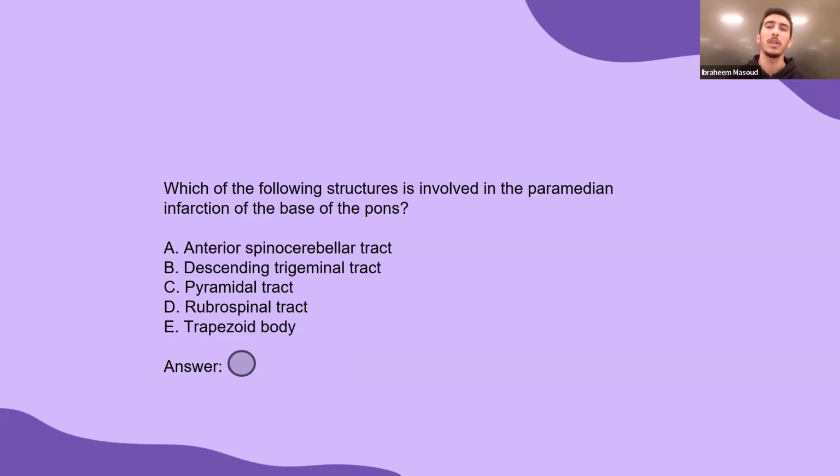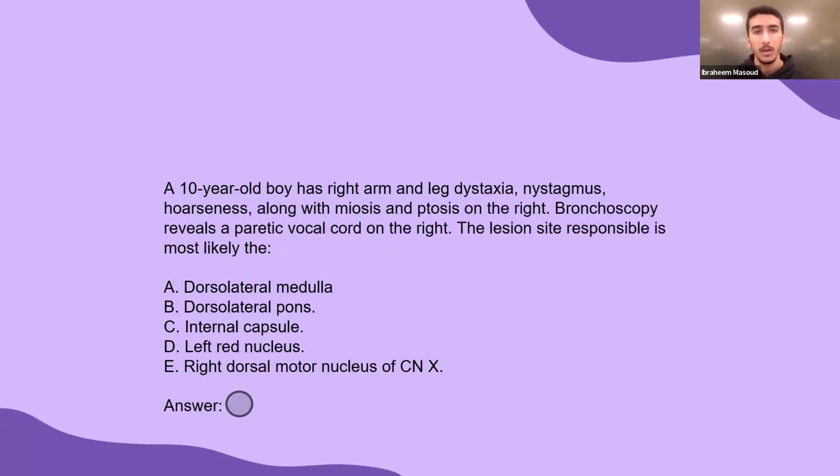Trapezoid body is actually, I think, found in the sides because it's a body for some sensory. I'm not sure because I haven't gone through the trapezoid body, but remember the image. What runs in the middle? The corticospinal tract, the motor. So the pyramid tract, or the corticospinal or the motor tract, all of them are the same thing. So yes, see, my friend, absolutely.